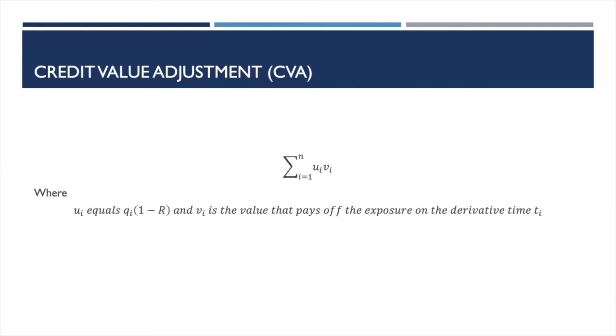The values now lead us to the concept of credit value adjustment, also named CVA, in the formula shown, where ui equals qi multiplied by 1 minus R, and vi is the value that pays off the exposure of the derivative at time ti.